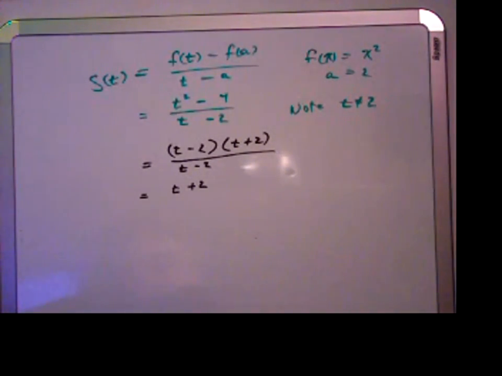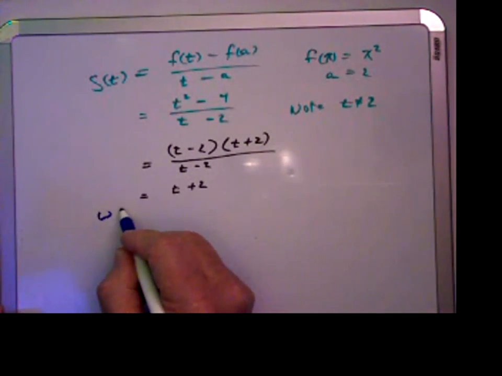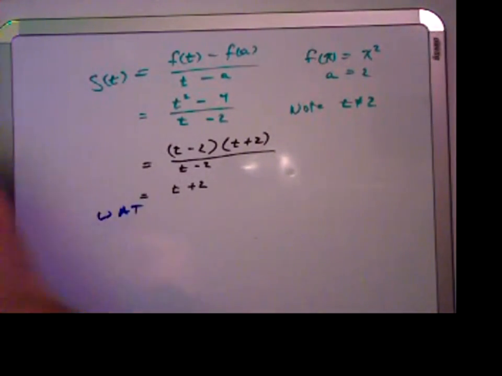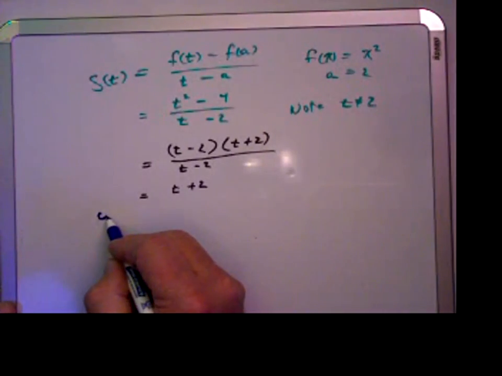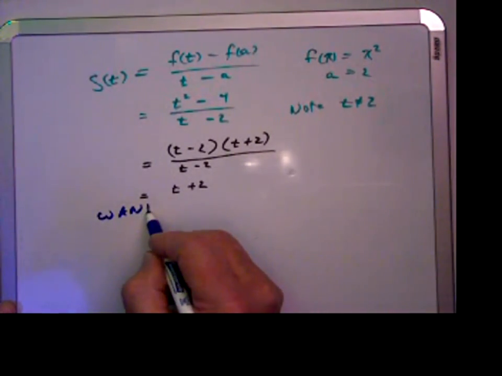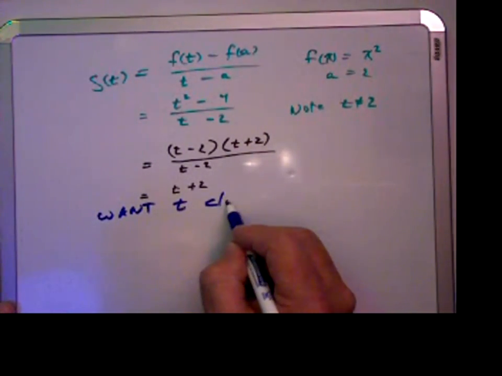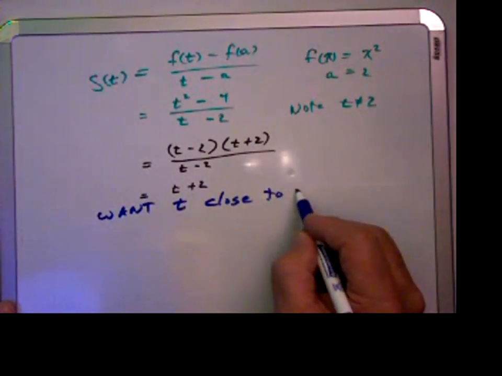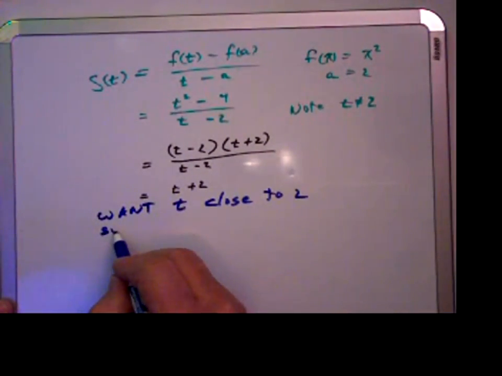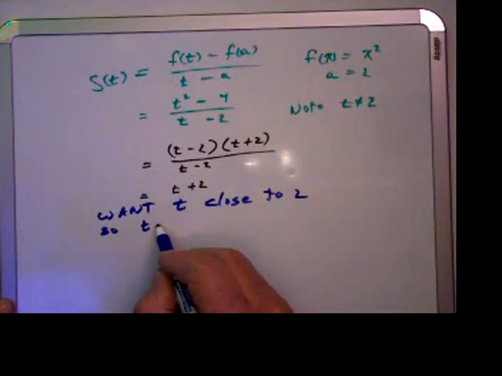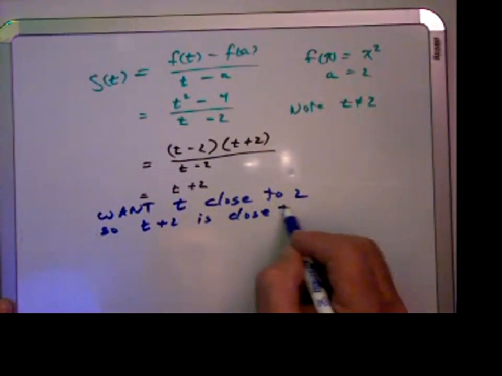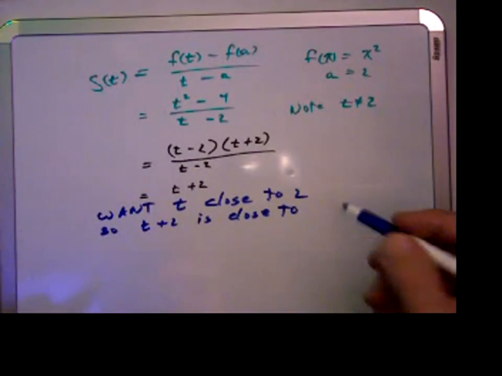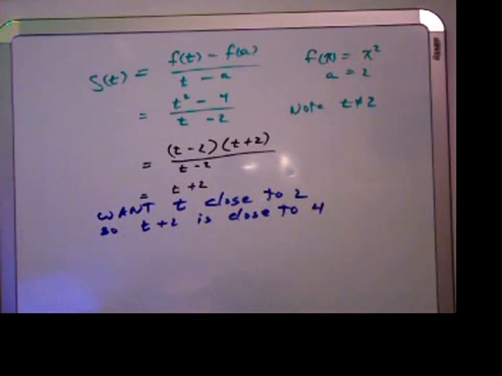However, we want t close to 2. So t plus 2 is close to, drum roll, 4.